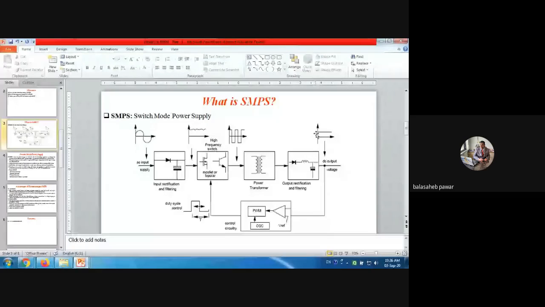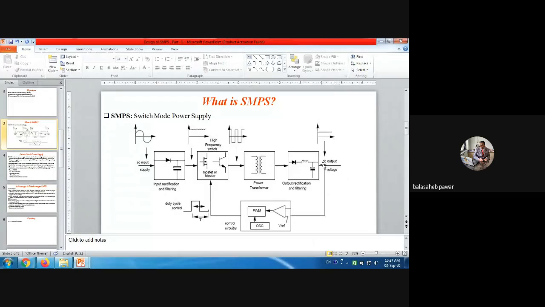So remember, the level of this DC will be very small as compared to this one. In our example, this level we took as 207 volts, and this one is just 5 volts, correct? Last time I already explained about the feedback.